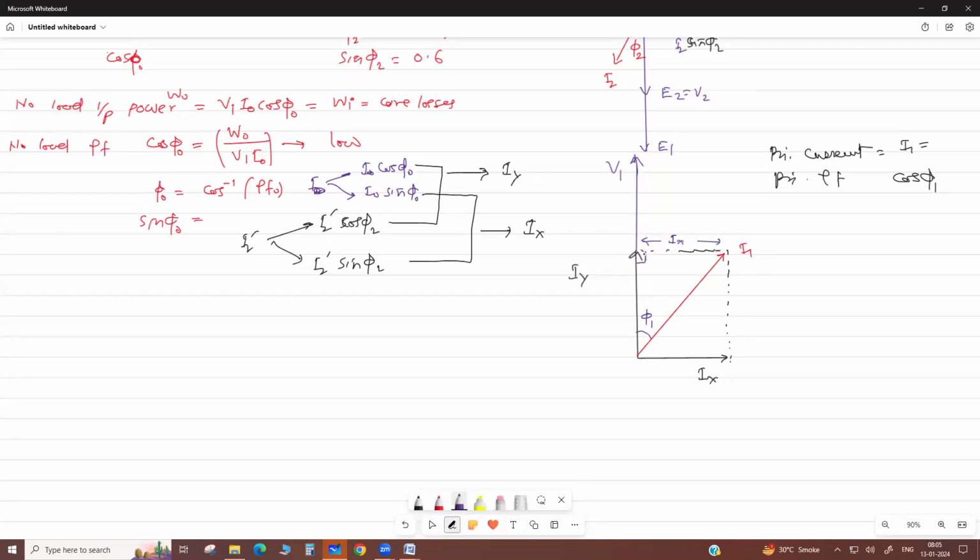This is IY. In this angle you apply, what is the cos phi 1 here? So it is IY by I1. This will give your primary power factor.